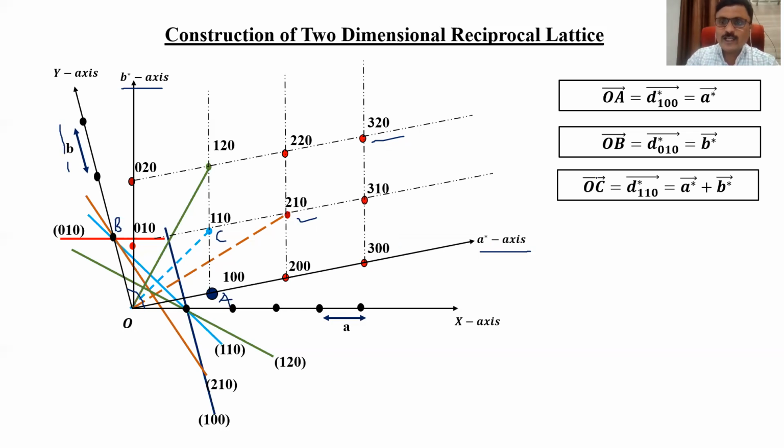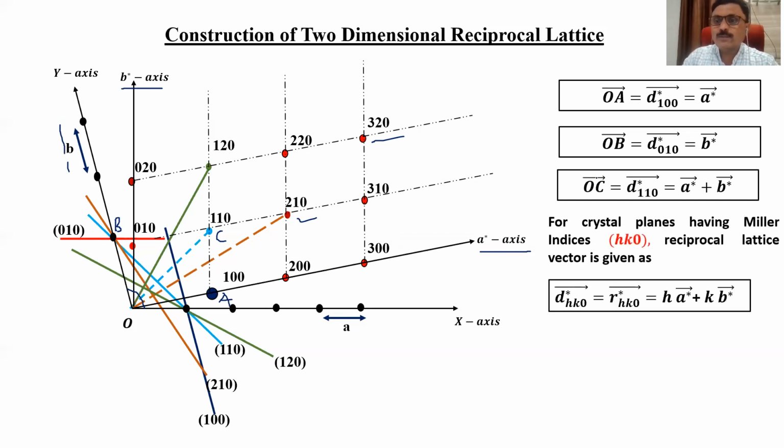So in general, for crystal planes having Miller indices hk0, the reciprocal lattice vector will be given as d hk0 star equal to vector, also represented as r hk0 star, which will be equal to h a star plus k b star.